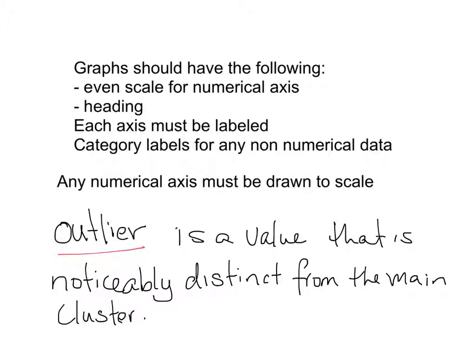An example would be if you had a set of data that goes 1, 3, 5, 7, 9, 21. The outlier for this set of data is 21.